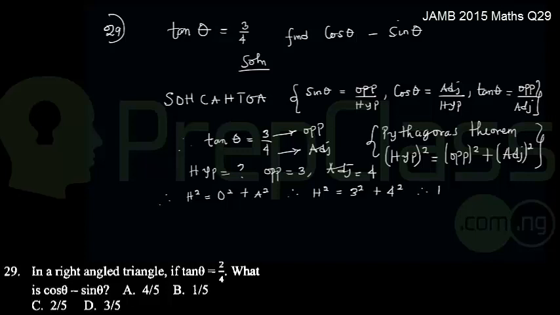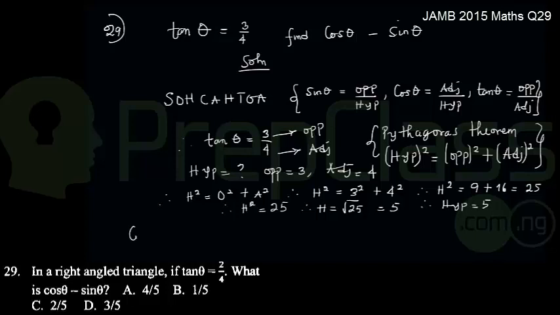That will be 3 squared, which is 9, plus 16. 9 plus 16 will give me 25. So the hypotenuse all squared is equal to 25. Therefore, the hypotenuse will be equal to the square root of 25, which is 5. So the hypotenuse of that particular triangle is equal to 5.